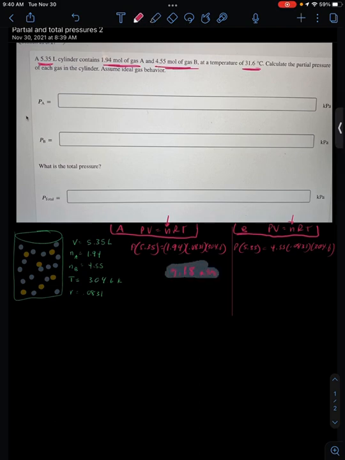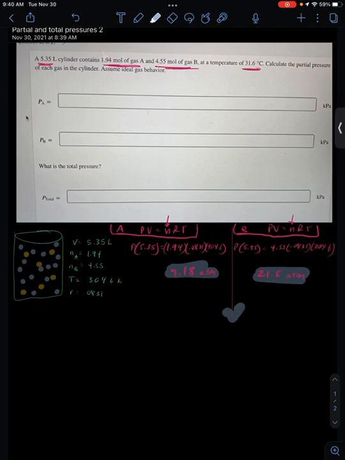And then for B, we would have 0.0831 times the moles and temperature over the volume, which gives 21.5 atmospheres. And again, I'm keeping it in atmospheres right now. For the answer, they want it in kilopascals, so we can just convert that later. So that's the one way that we can find the partial pressures.